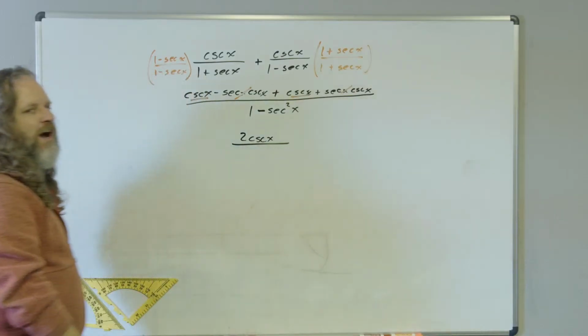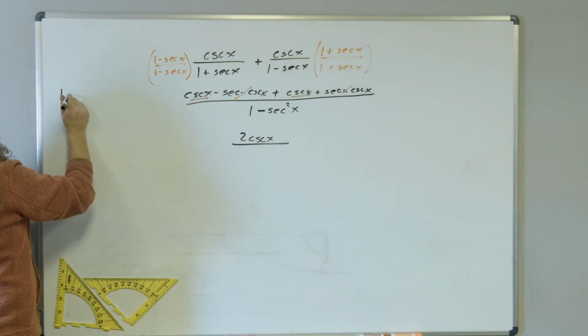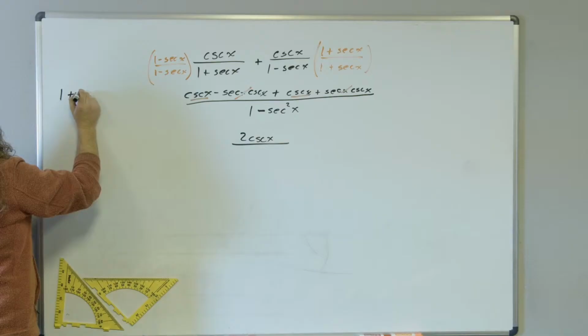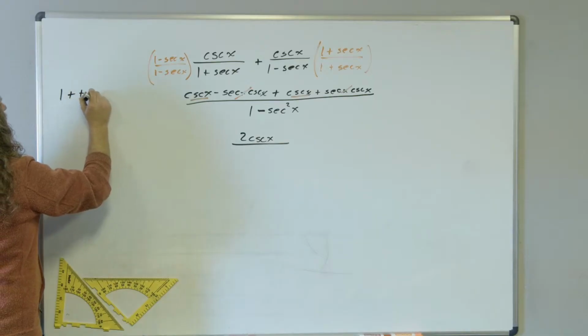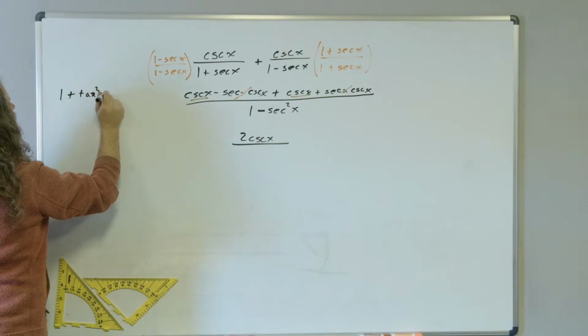What can we do with the denominator now? I'm going to write it out because this one has got a couple of tops. Wait, why is it negative? Hold up.